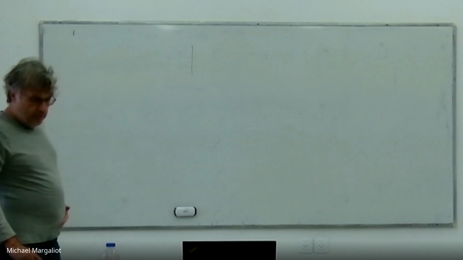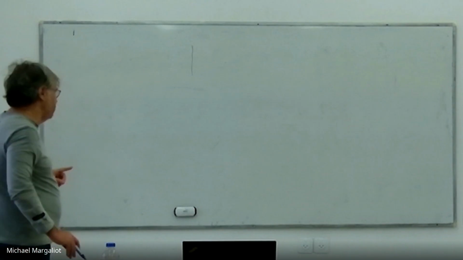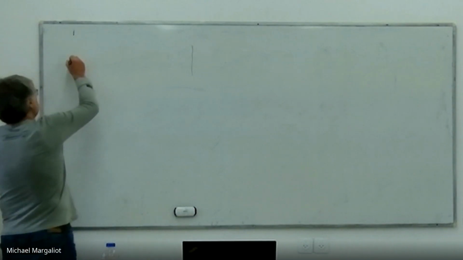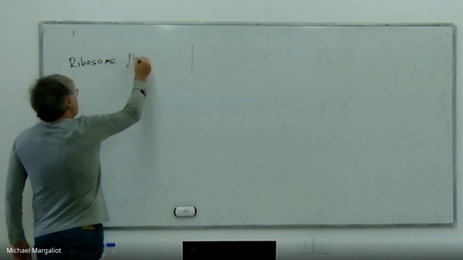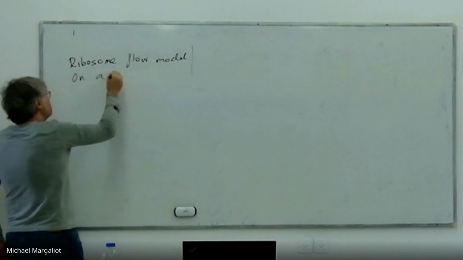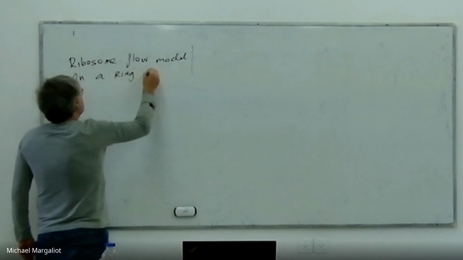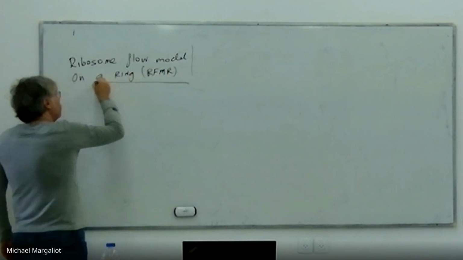So now the plan of what we are going to do today and tomorrow, tomorrow is the last day. I want to talk a little bit about the model called the ribosome flow model on the ring. Just to say a few words about this, because this is an important model in some sense.